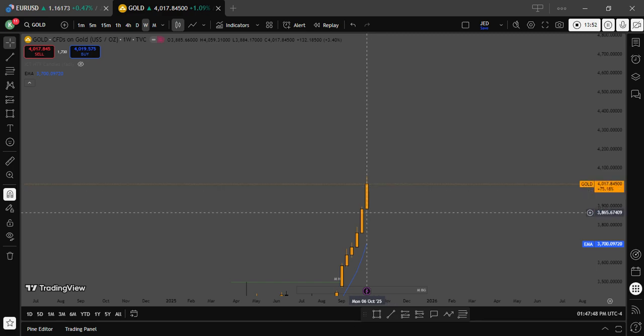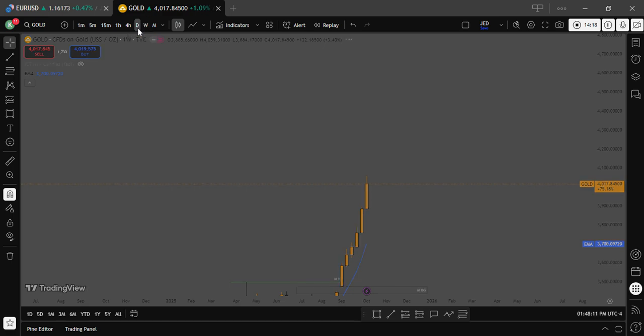As I said, I don't see anything causing the push down. So maybe we might have some ranging market or a push down in this particular week to these areas and start pushing high. It will all depend on the lower time frames.